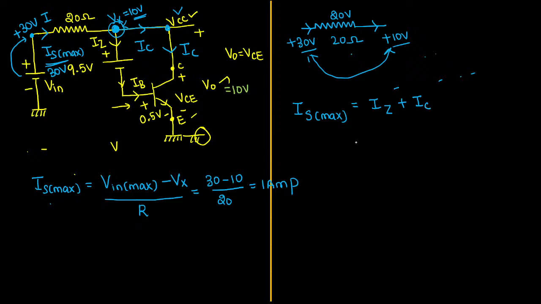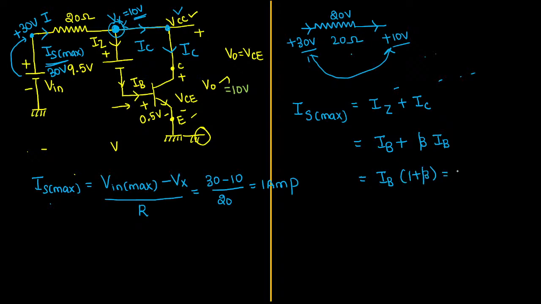We all know Zener current is equal to base current, and collector current can be replaced by beta times the base current. So I can take the base current outside and write 1 plus beta.